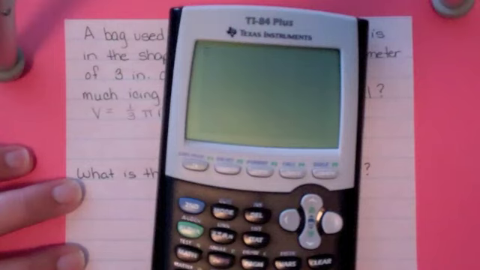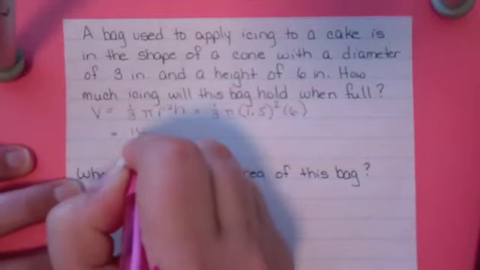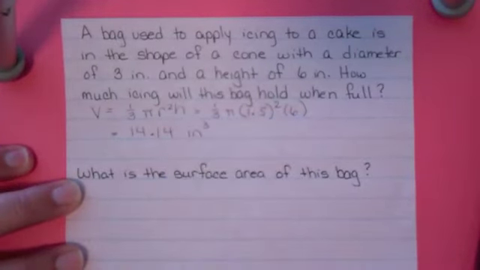I'm going to open a parentheses, 1 divided by 3, close my parentheses, times pi, there's my pi symbol, times 1.5 squared, so I hit my squared key, times 6. Notice I typed it in all at once, not in pieces, and I certainly did not use 3.1 for pi. I used the actual pi key to get an accurate answer. And I've got 14.14 volume, so we're looking at cubic inches.